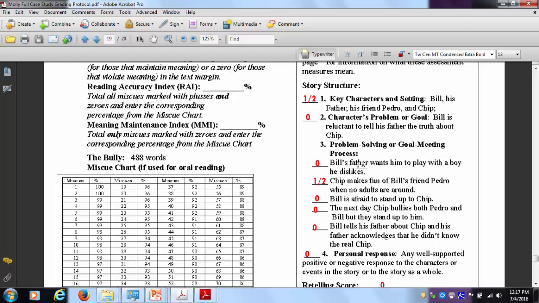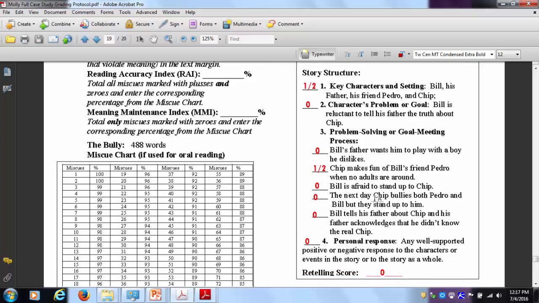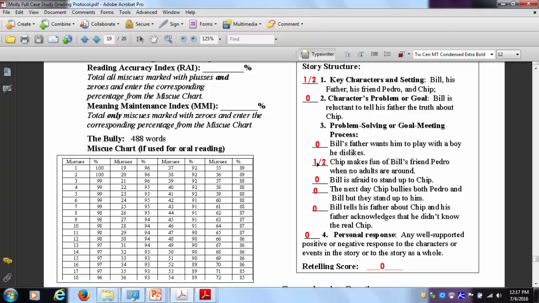So she misses it. Bill's father wants him to play with that kid. What she has here, Chip makes fun of Bill's friend. He does, but she makes no reference to the role of adults, right? So you only can give her half there. Misses all of this, so it's 0, 0, 0, 0, and that gives her a retelling score of 0.